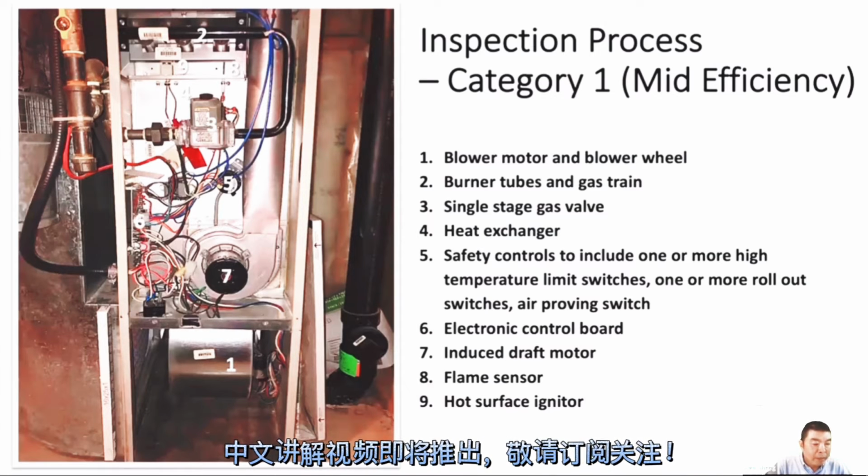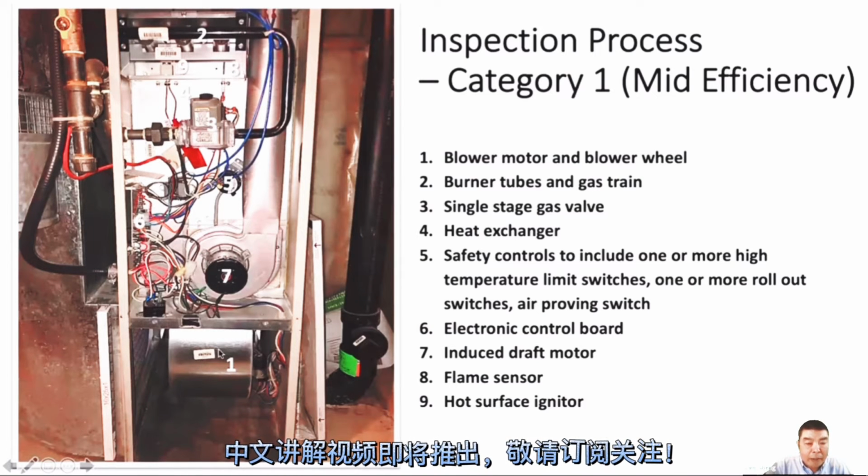There are more safety switches than the other furnace. So this one, the mid efficiency furnace, has more safety switches. Like here we can see a pressure switch, and this one should be the high temperature limit switch, and around the burner there will be the roll out switch.